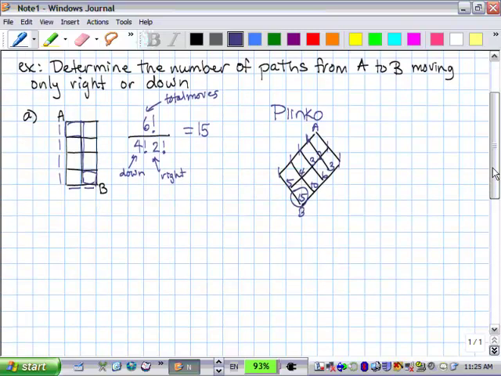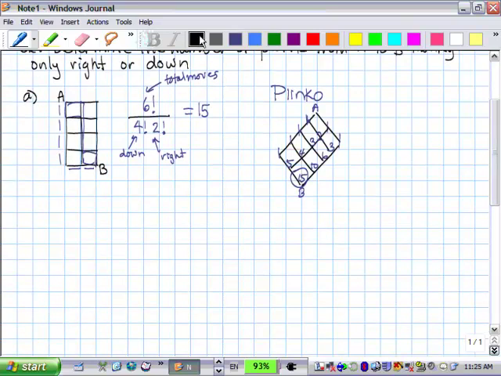What I'm going to do is draw 3 examples. And they're going to look quite a bit different. And I'm going to ask you guys to see if you can come up with the answer using this kind of Plinko method.